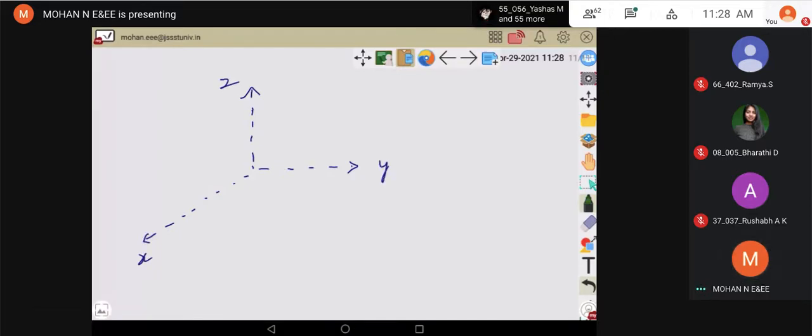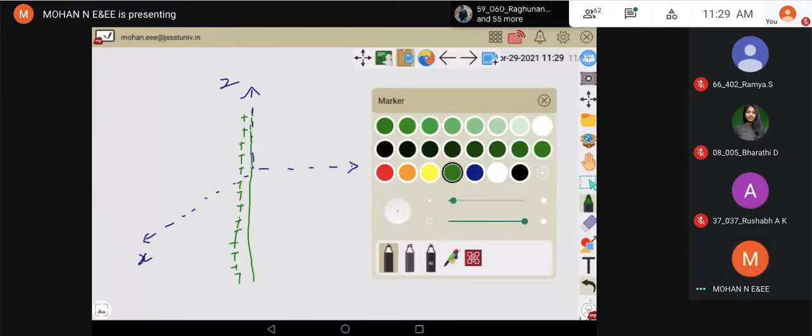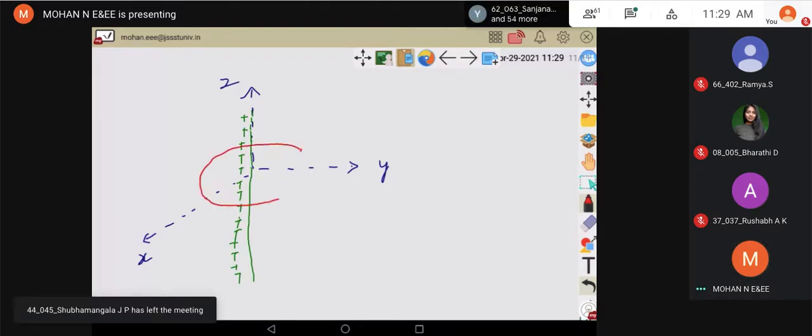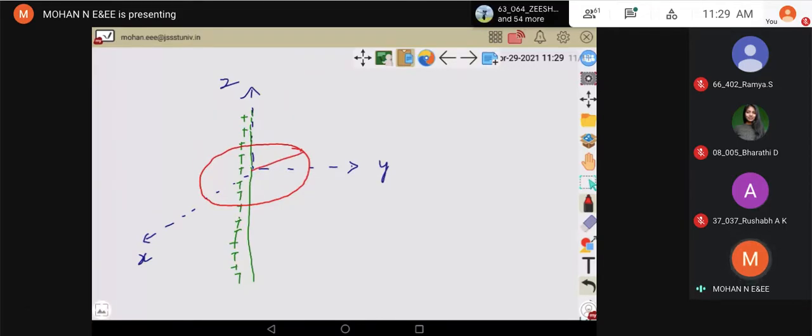Let me have an infinite line charge like this along the z axis, and I have to move a charge from this point in a circular fashion like this. So the radius of this is given to be r, okay, and it is at the center.